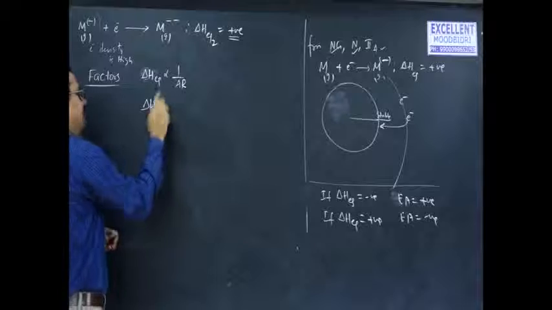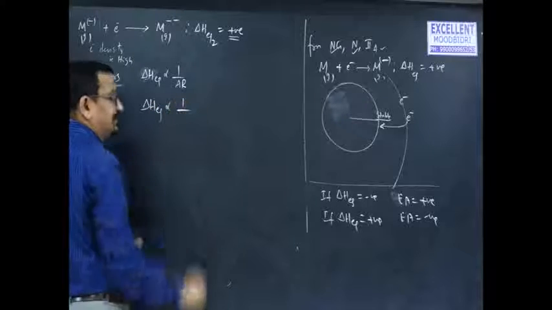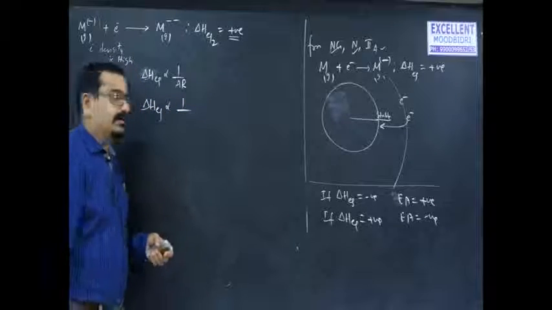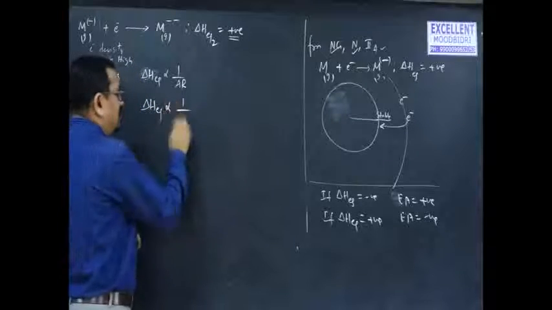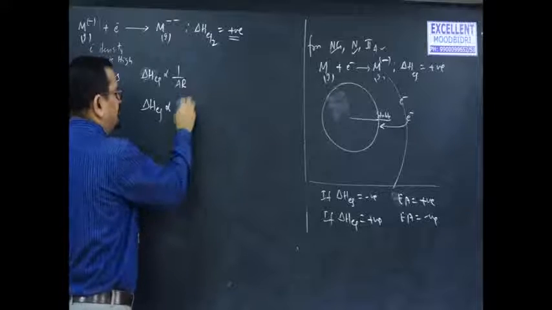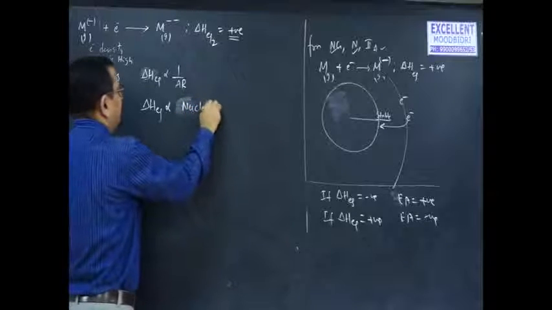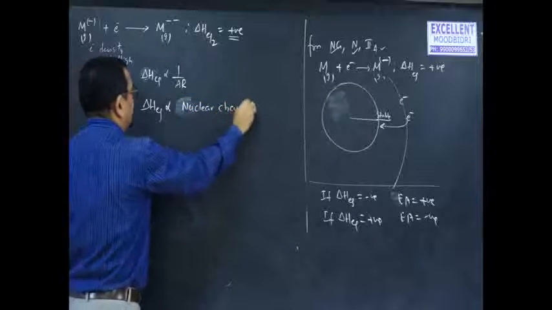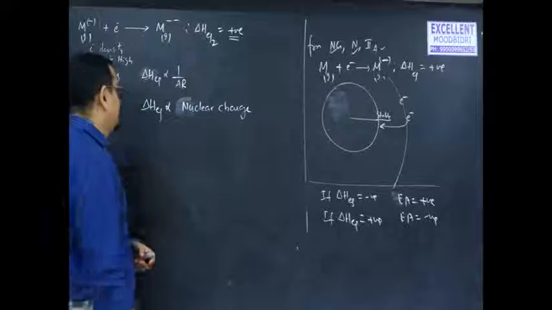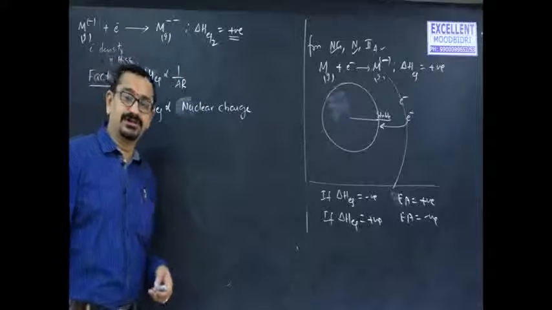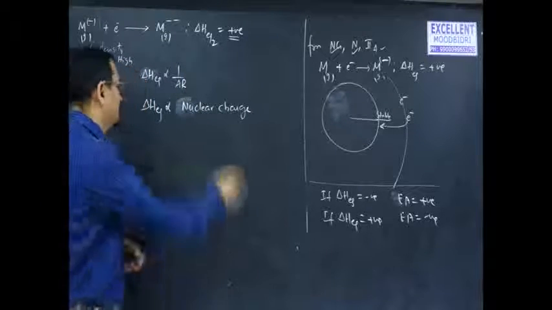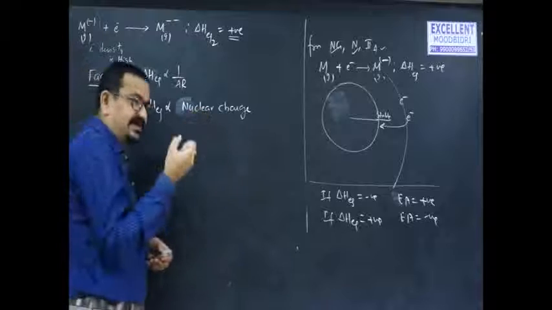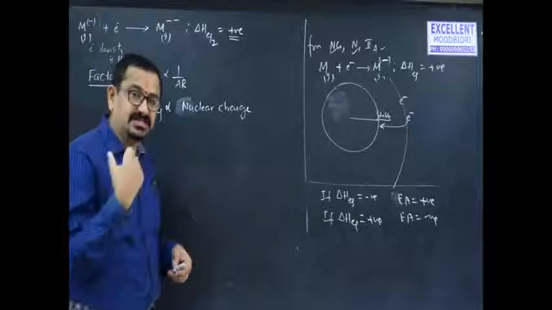Similarly, electron gain enthalpy is directly proportional to nuclear charge, because the more the nuclear charge, the more is the attraction.